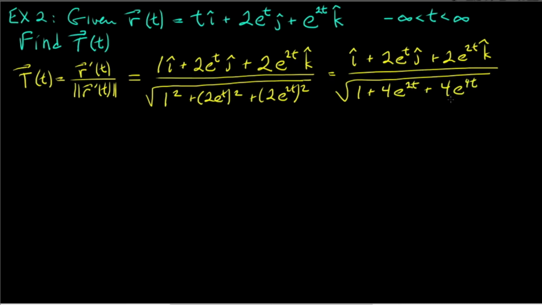Okay, and at this point it looks like that's as good as it gets. It doesn't look like we can factor out anything from all three terms. But if you look at what's under the square root carefully, you might notice a little bit of a pattern. As I copy down the numerator one more time.